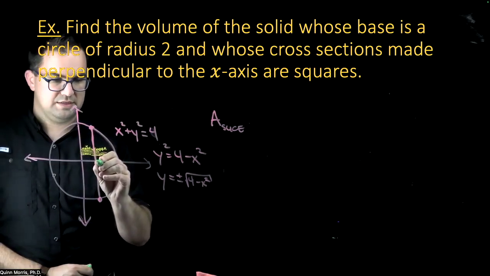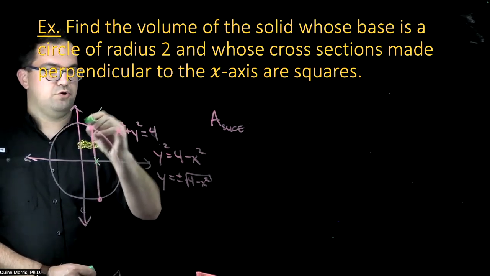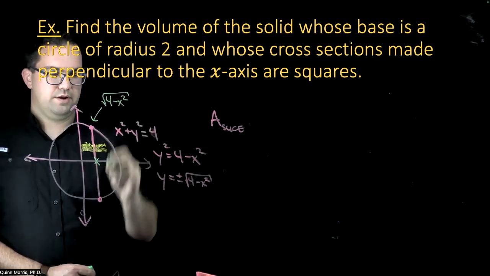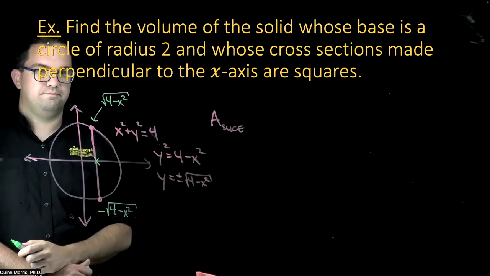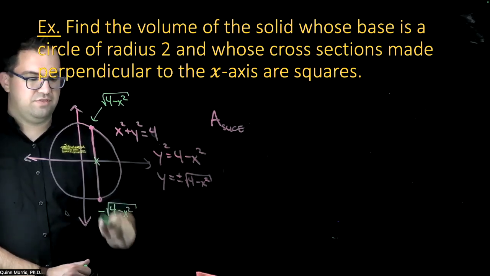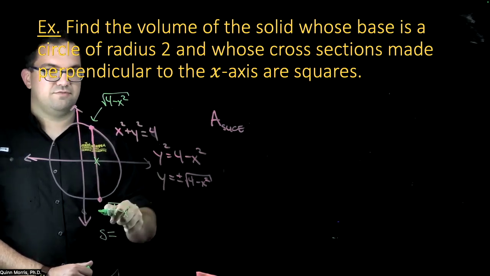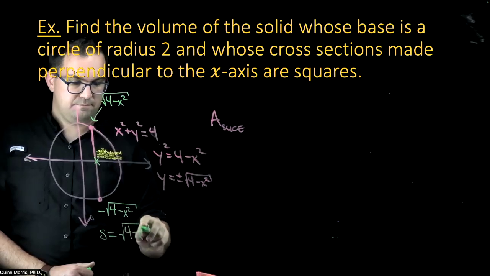So if this is some x value, then this y value is positive square root of 4 minus x squared, and this y value is negative square root of 4 minus x squared. And so to find the length of this side, it's just going to be the top y value minus the bottom y value.